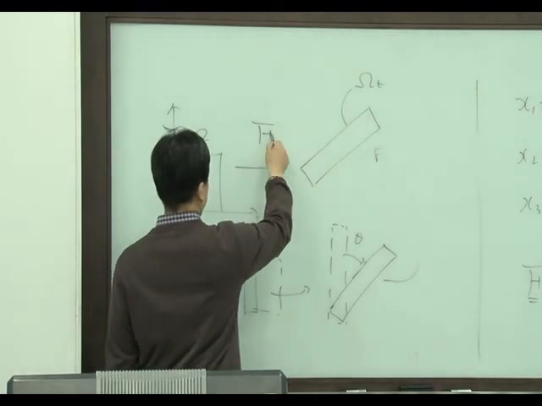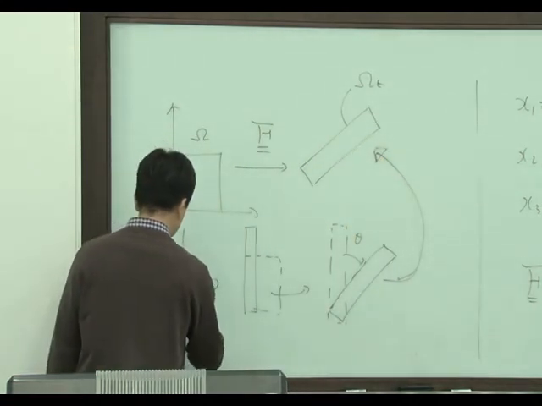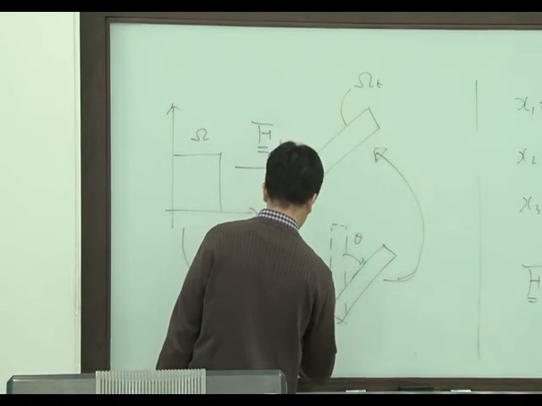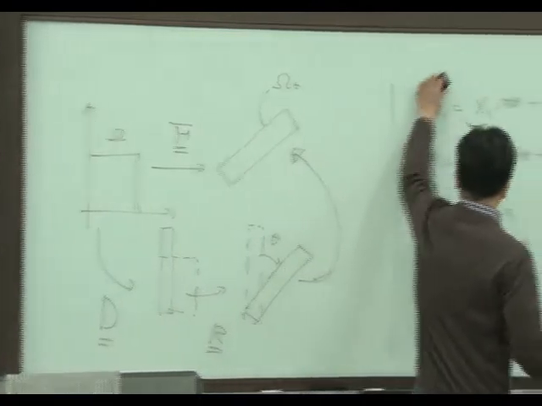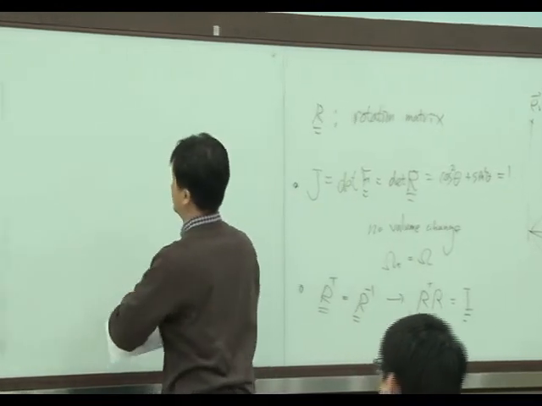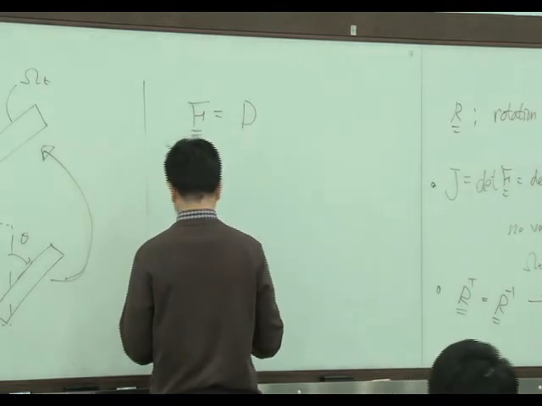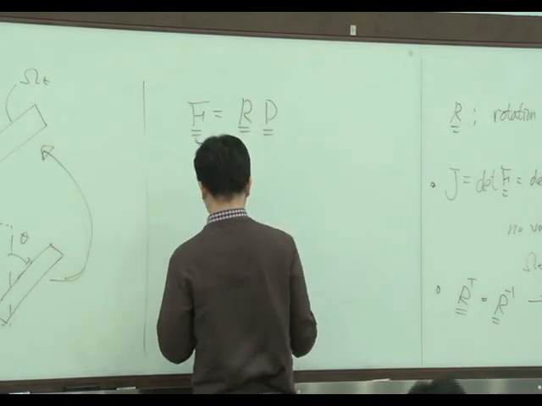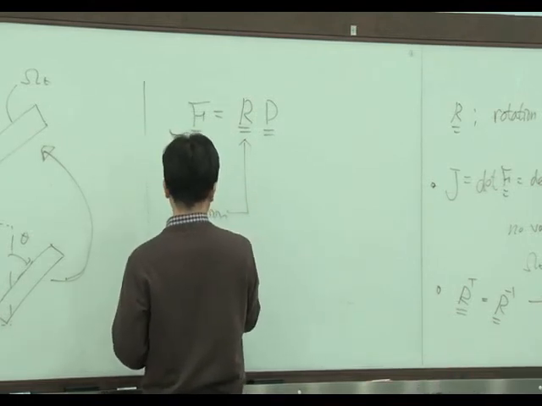Let's say this is the deformation tensor F. Stretch first, stretch tensor D, and the rotation tensor from here to here, R. So, in general, when we have a deformation tensor F, this deformation tensor can be decomposed into two parts, R and D. R is the rotation tensor or matrix.